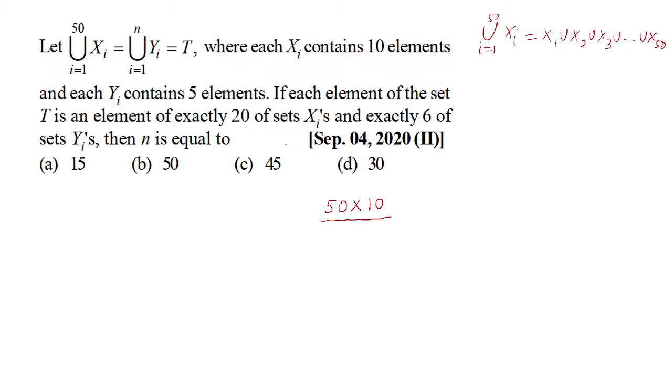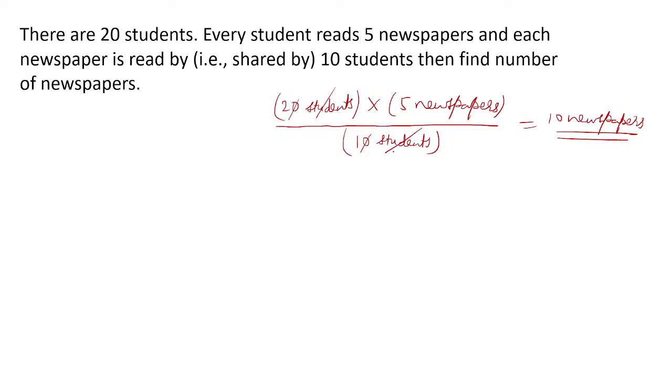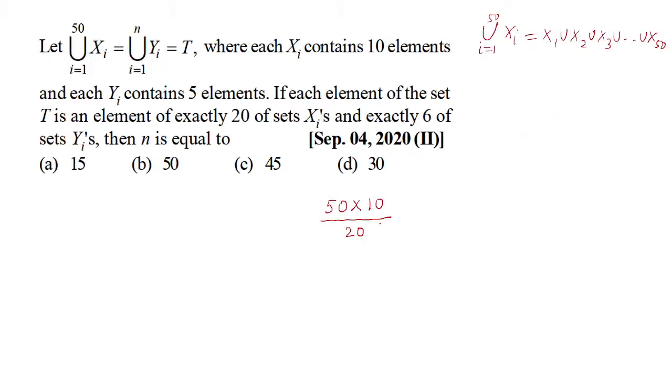However, each element is present in 20 of these sets, just as each newspaper is read by 10 students. So this is the total number of elements in set T.